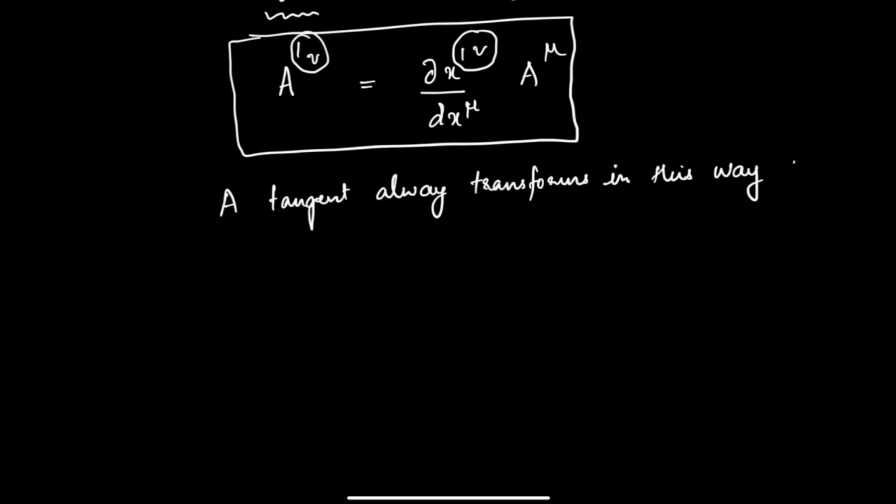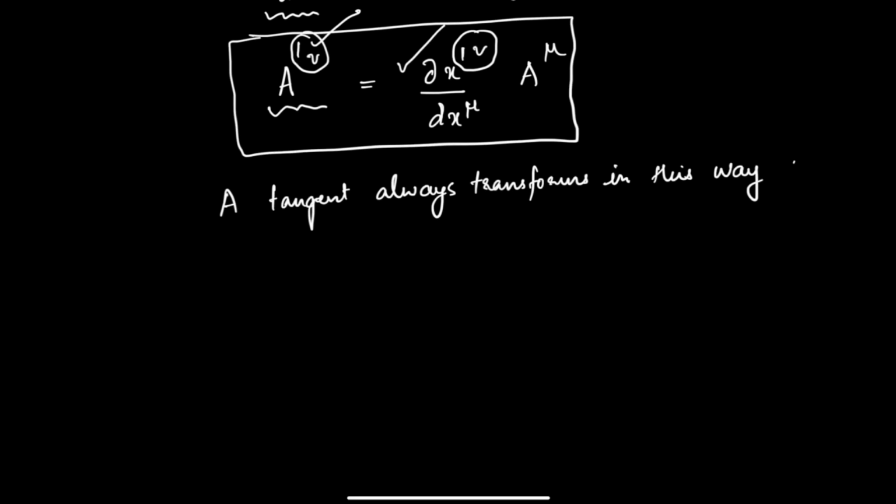Okay, so a tangent always transforms in this particular way. So here there is a prime nu, here also there is a prime nu in the numerator. So here it is on the superscript, here it is in the numerator.